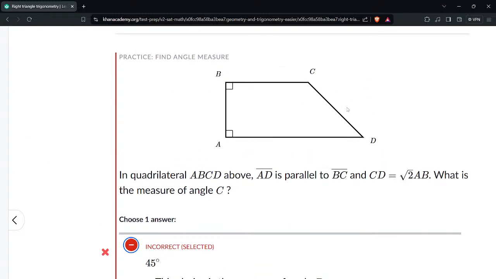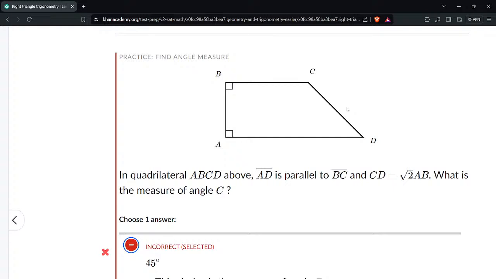Wait, what? Angle C. Wait, there's no way I got it wrong. It's equal to A, right?